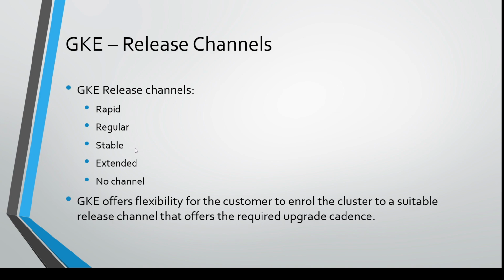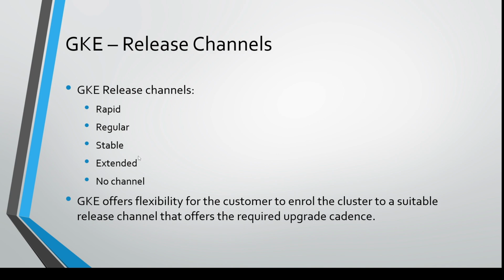And then the stable one, this is where you should use your production clusters. It's recommended to use the stable channel for your production cluster so that you don't face any issues with new releases, as those get ironed out in the previous two release channels and then promoted to the stable version.